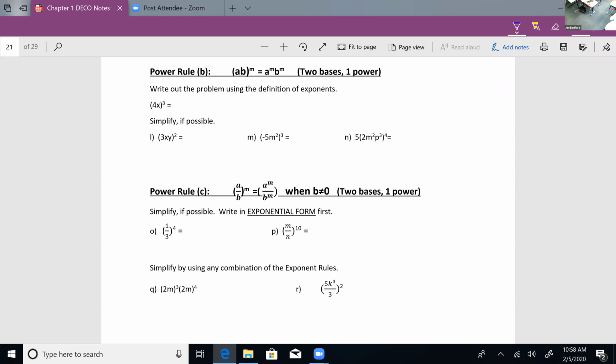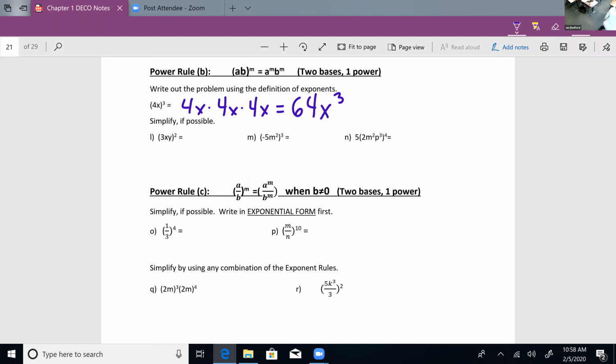Yeah, so that means 4x times 4x times 4x, which would equal what? 4 times 4 is 16, and 16 times 4 is 64, x to the 3rd power. Does that make sense? Because x times x times x is x to the 3rd.